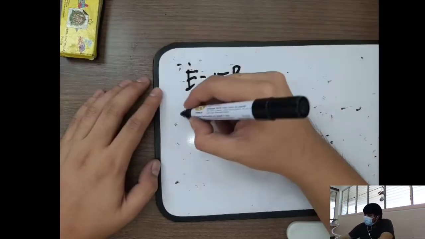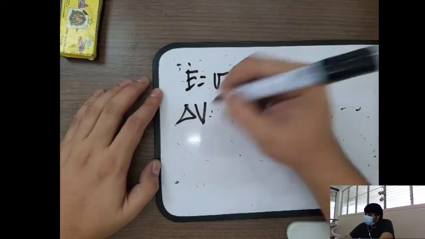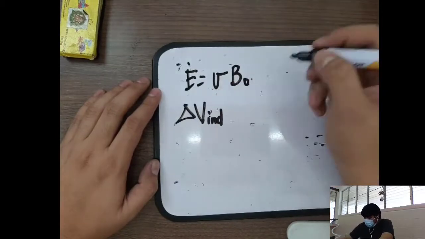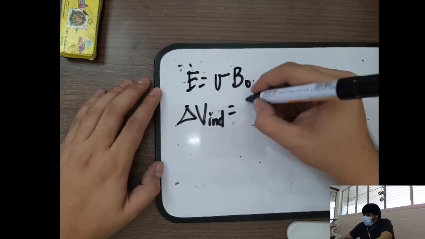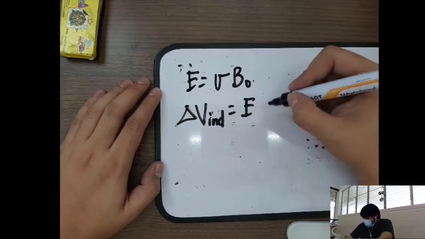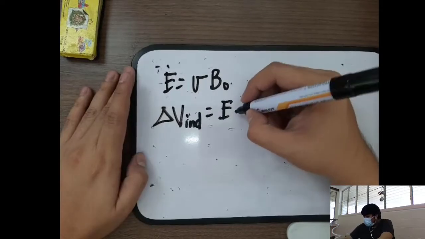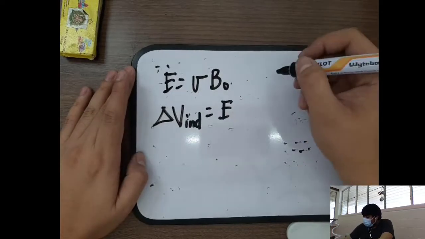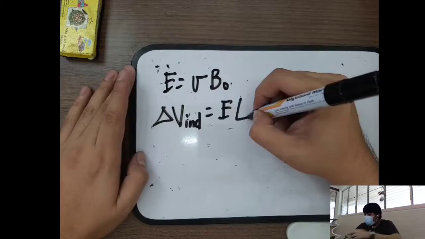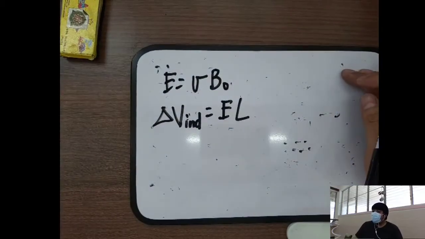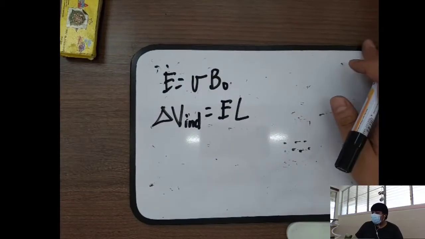And now, since we know in our previous lesson that the voltage is equal to the electric field strength divided by the distance that separates the charges.